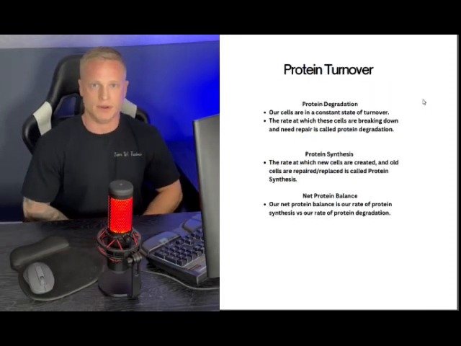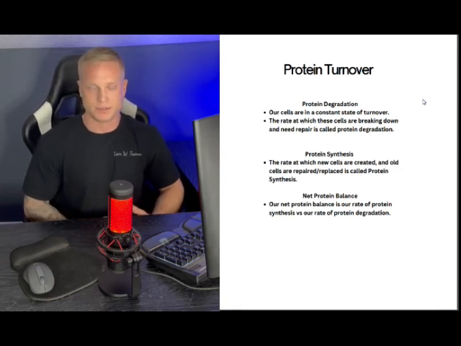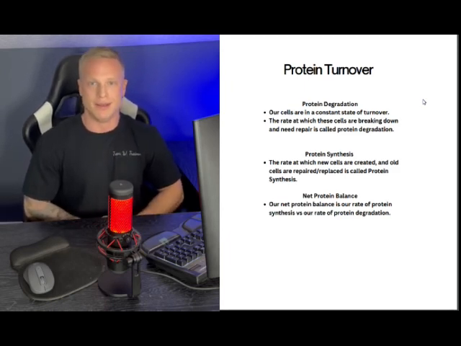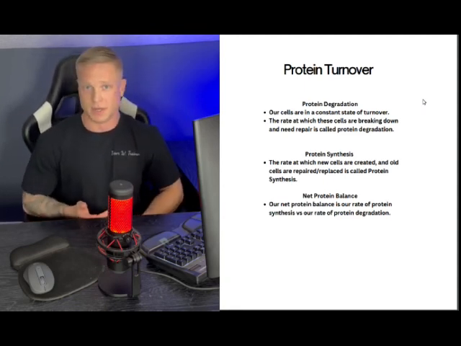So protein turnover. Our body is constantly in a state of turning over old or damaged cells into new and repaired cells. The rate at which these cells are breaking down is called protein degradation. The rate at which these cells are repaired and created is called protein synthesis. Our net protein balance is the difference between our protein synthesis and our protein degradation.